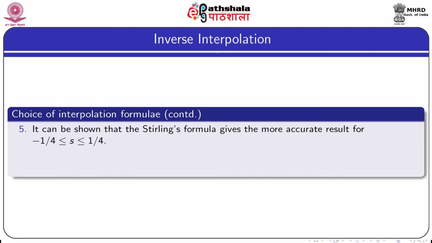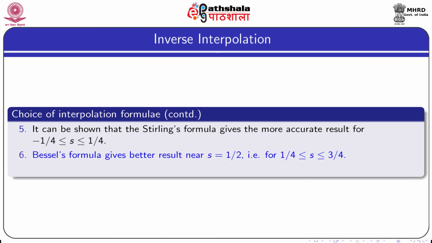It can be verified that the Stirling formula gives a more accurate result when the value of s lies between minus 1 by 4 and 1 by 4. The Bessel formula gives better results near s equal to half, that means if s lies between 1 by 4 and 3 by 4.